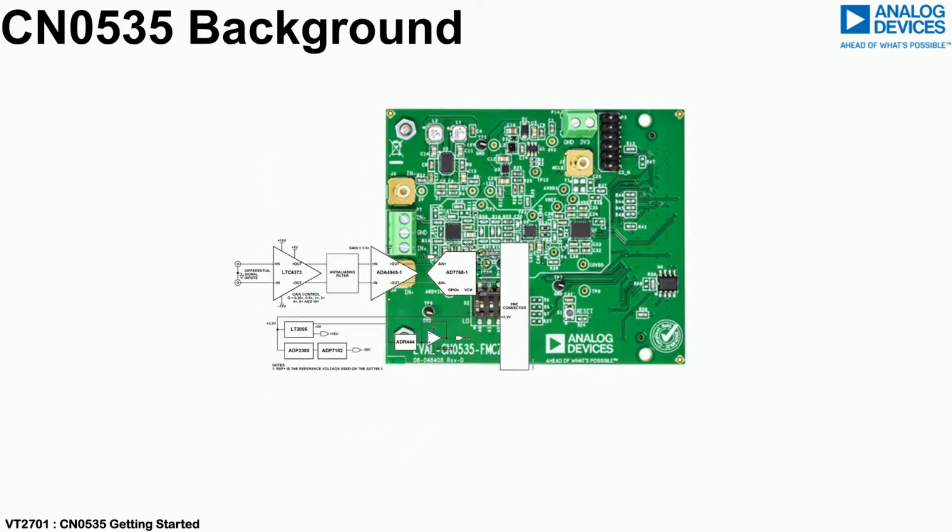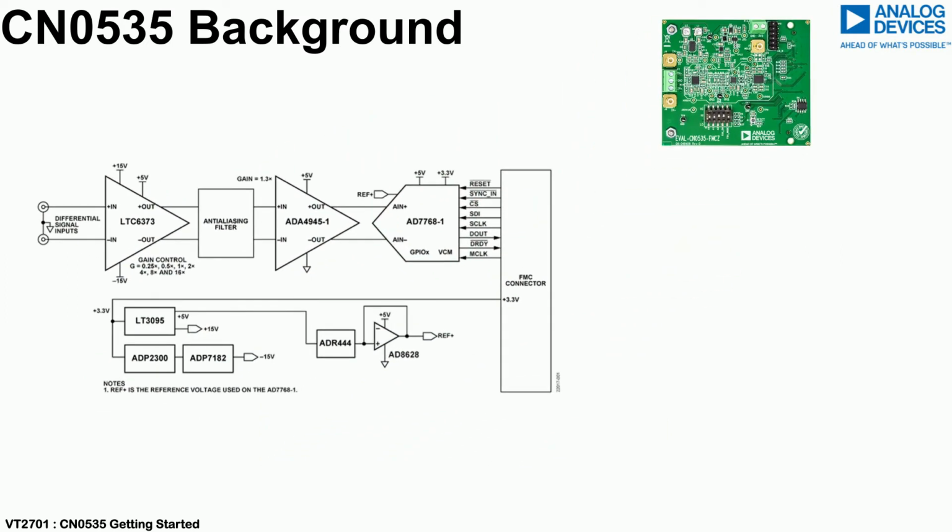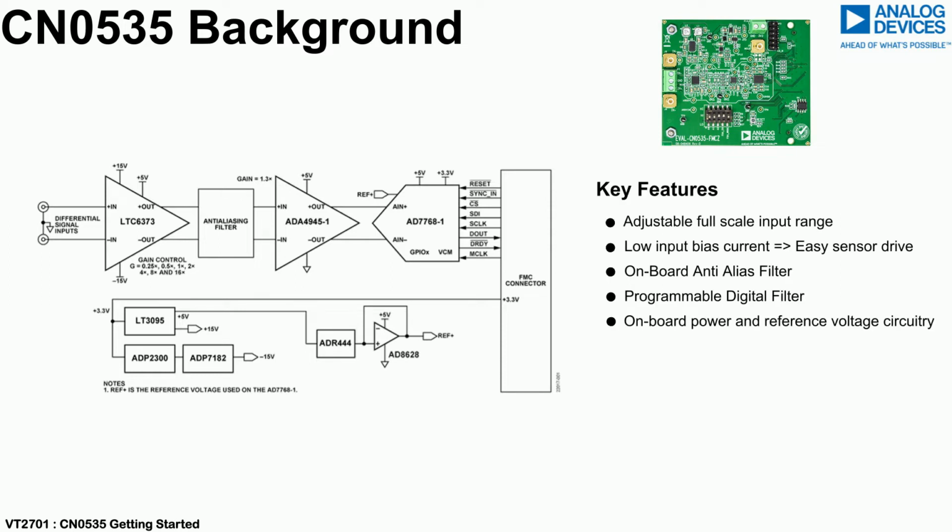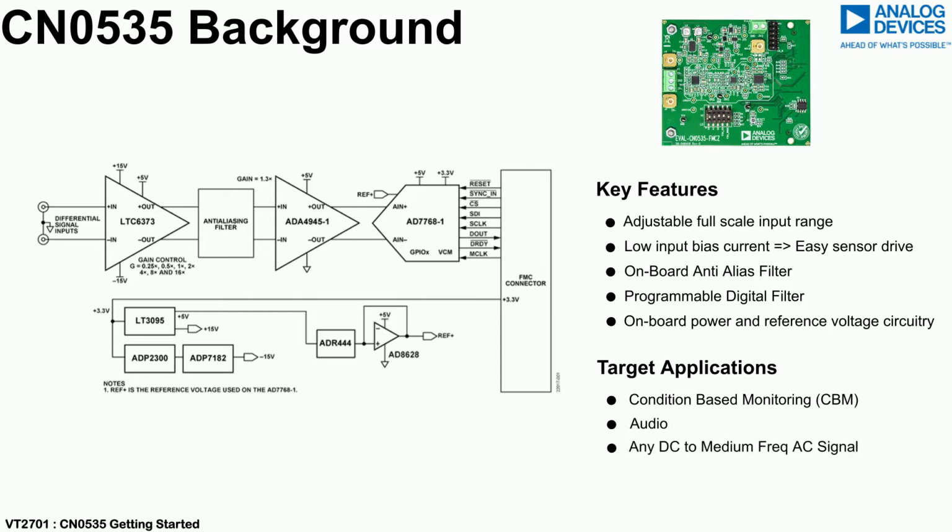This is the simplified block diagram of the CN0535. The components were carefully selected to cater to a wide range of applications, from CBM to audio, as well as any DC to medium bandwidth AC signal.